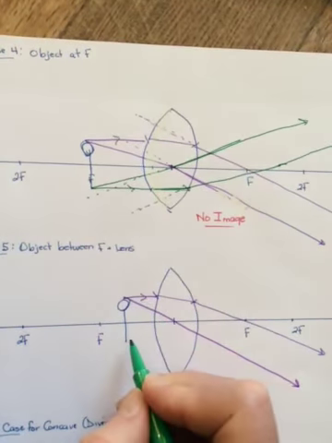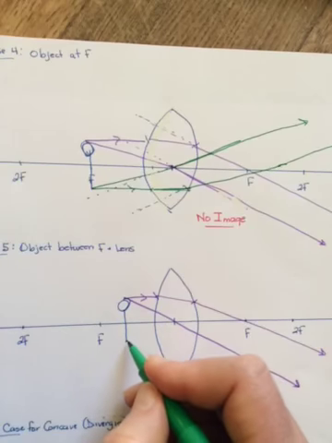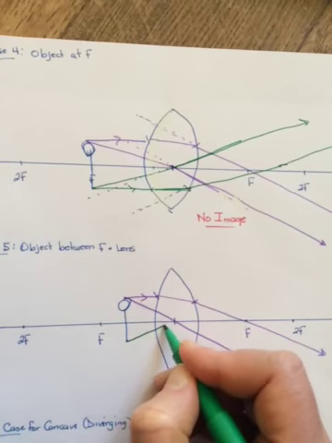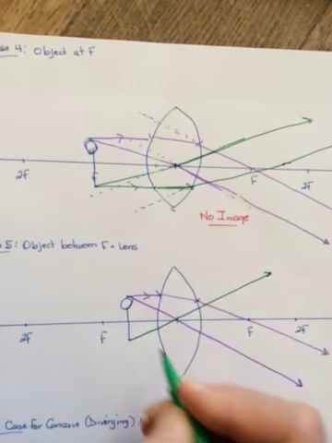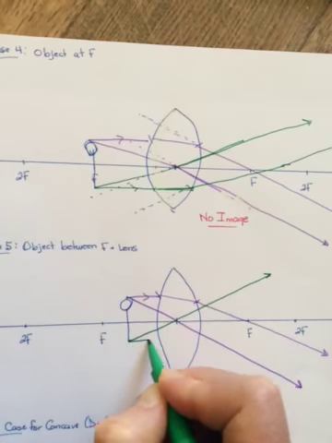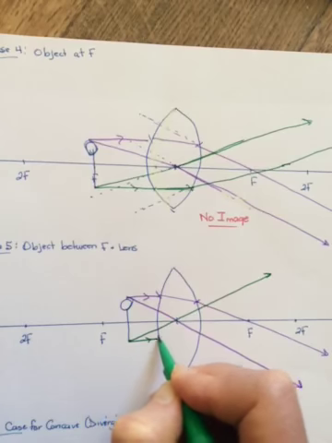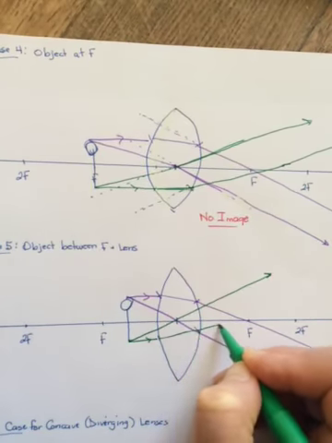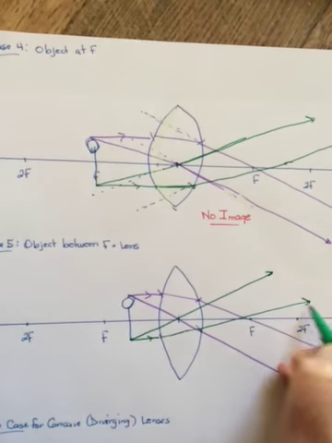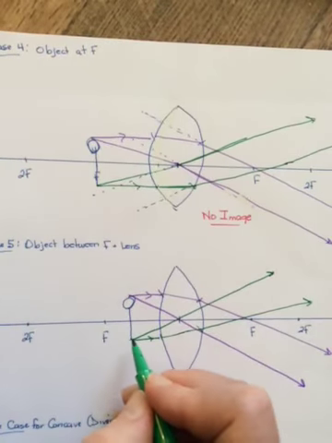From the bottom, maybe I'll do optical center first. A ray going in through the optical center will go straight through. A ray going in parallel to the principal axis gets bent up so that it goes through F on the other side.